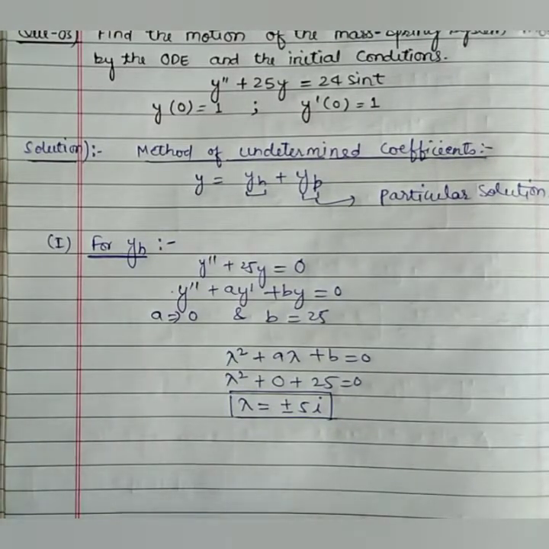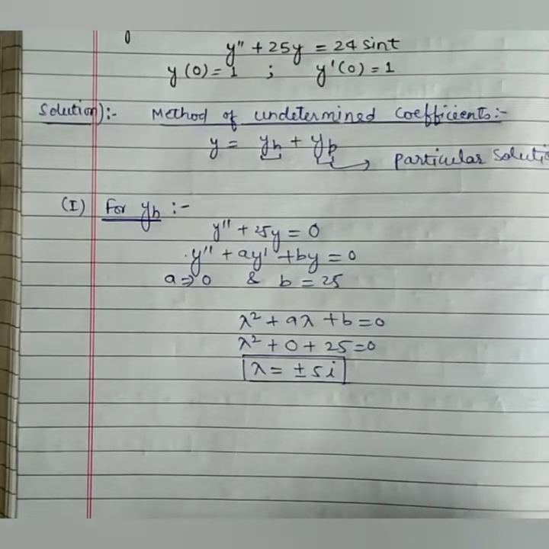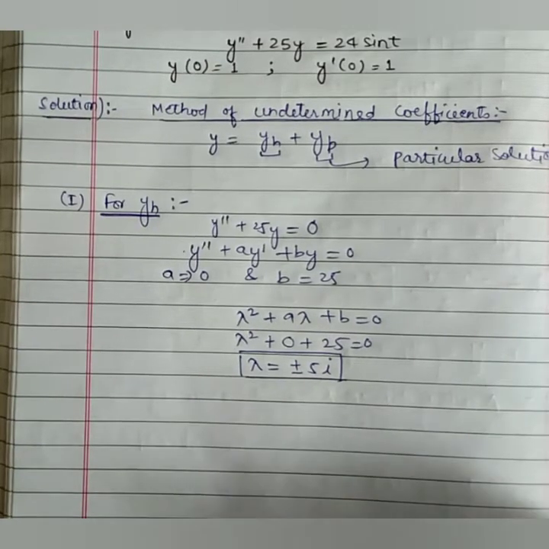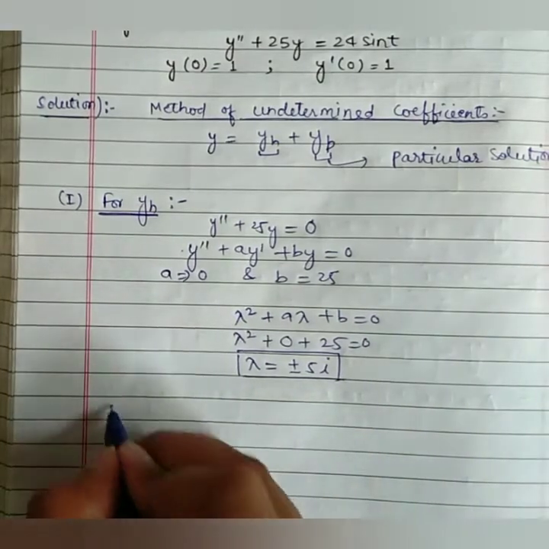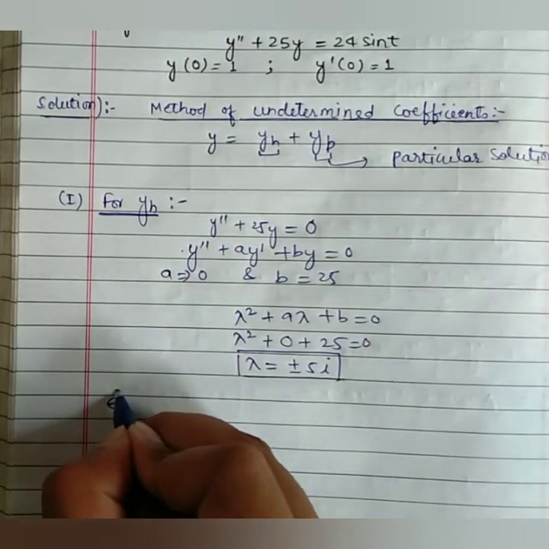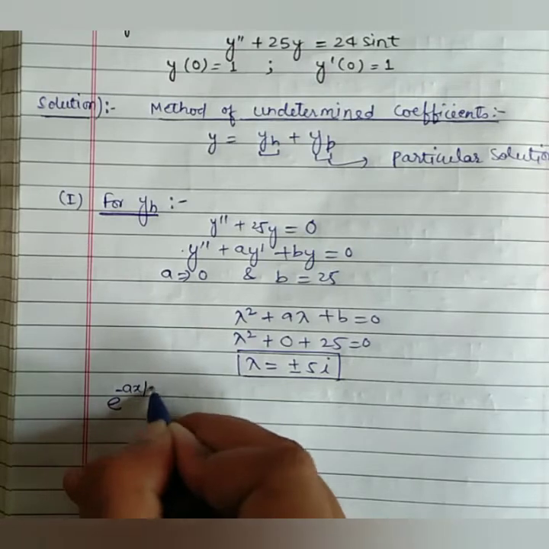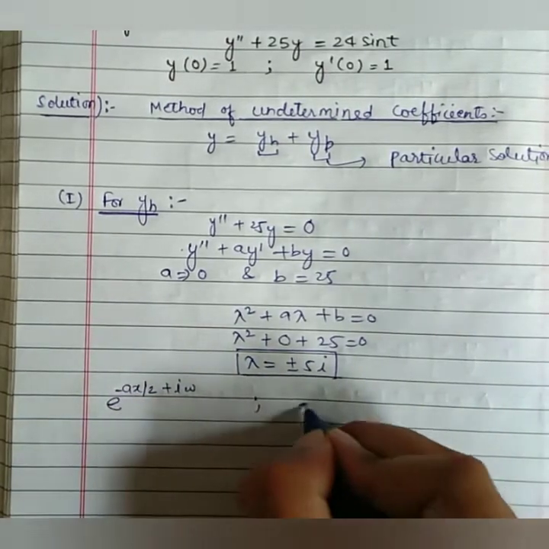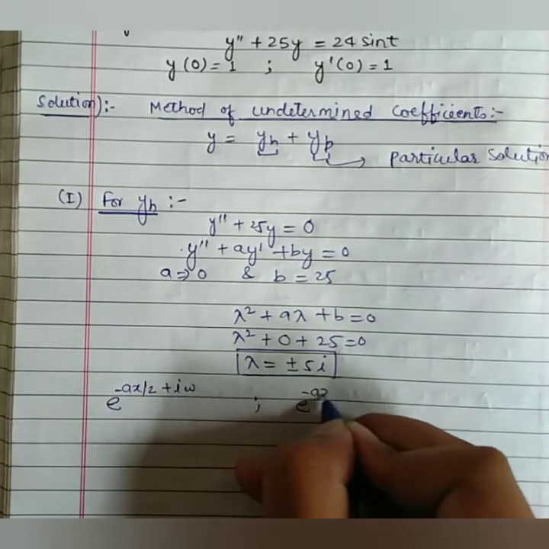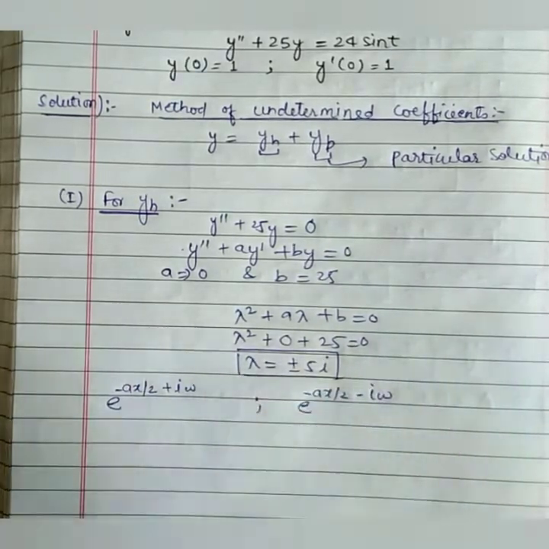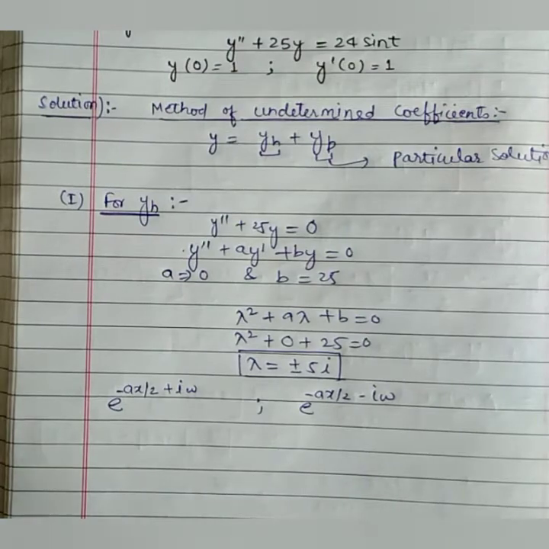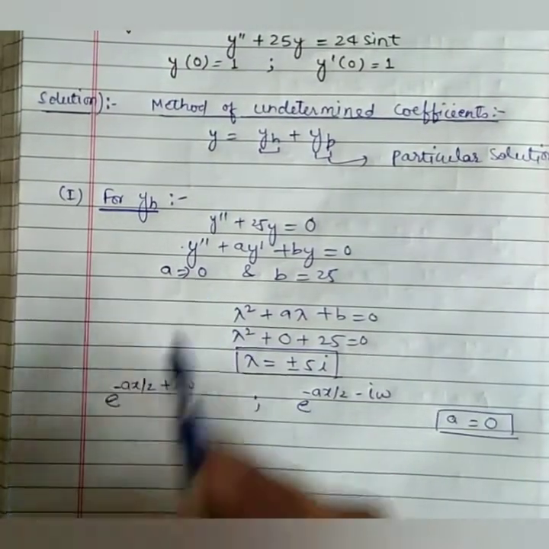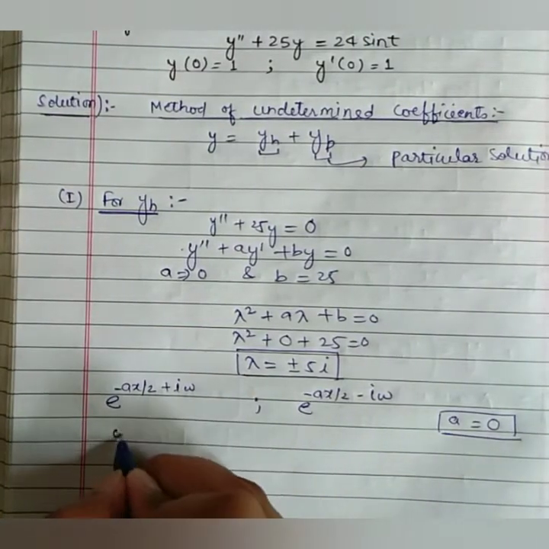Now when the solution of the characteristic equation is a complex number, the solution of yh is written in terms of e raised to the power minus ax by 2 plus i omega and e raised to the power minus ax by 2 minus i omega, where a is 0 as we have found, and now we should calculate omega.